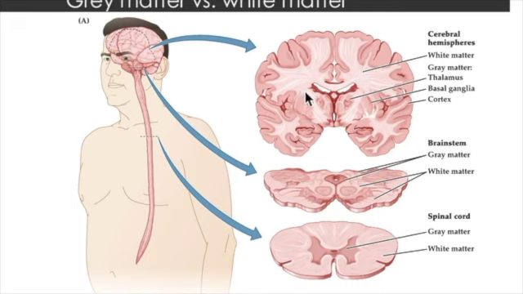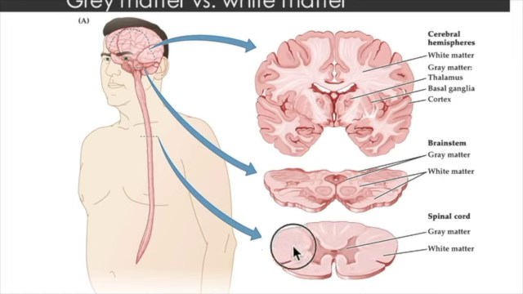Now, that's quite well and good, but what's interesting is this pattern reverses when you get to the level of the brainstem and the spinal cord. Right here is a cross-section of the spinal cord, and you can see how the pattern of gray matter and white matter reverses, such that at the level of the spinal cord, you have gray matter towards the middle of the spinal cord, and white matter towards the outside.